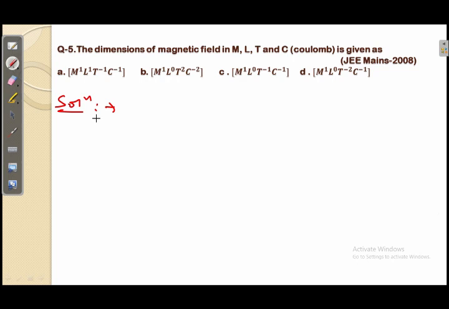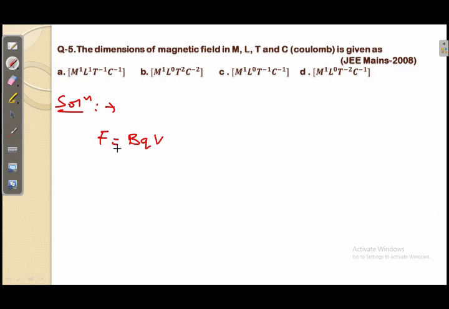So if you refer to the 4th chapter of the second PUC or 12th class physics book, that is moving charges and magnetism, you will come to know one formula, that is F is equal to BQV.